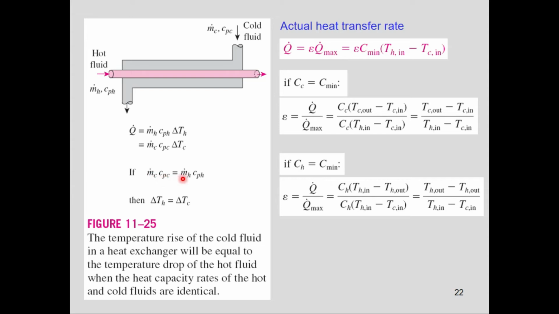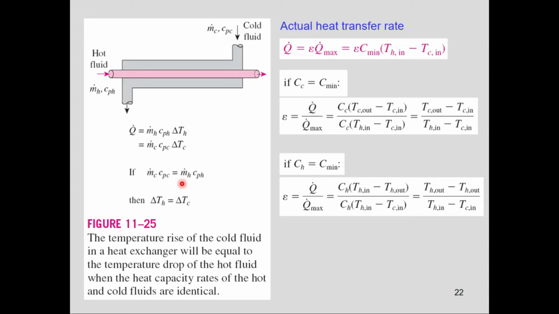When the heat capacity rates are identical, what does it mean? The temperature increase in the cold fluid will equal the temperature decrease in the hot fluid stream in the heat exchanger. So this is actually the trade-off.